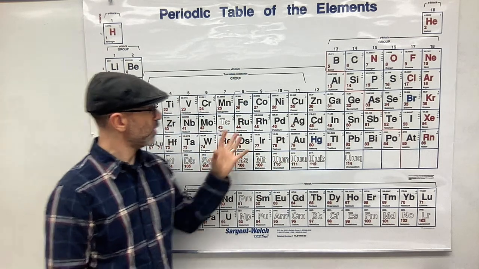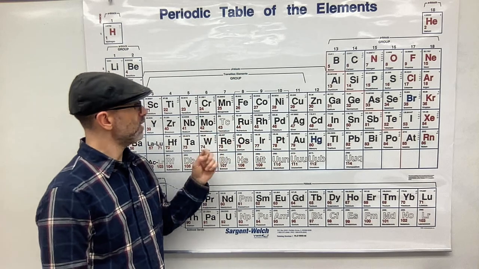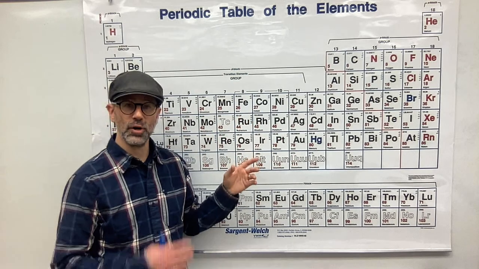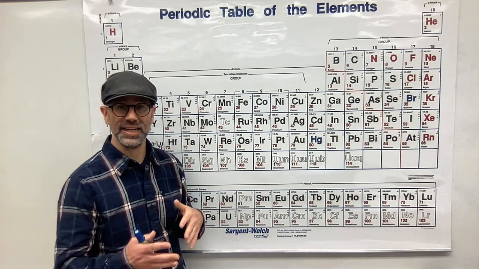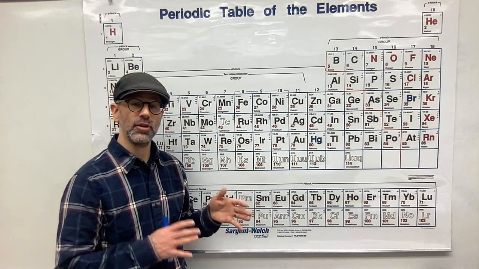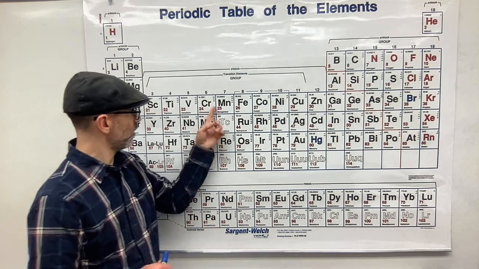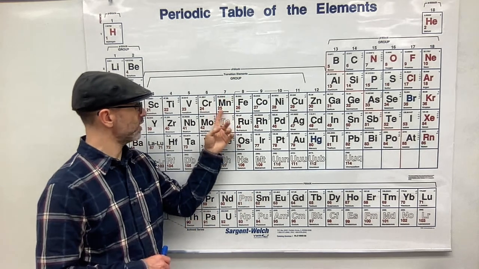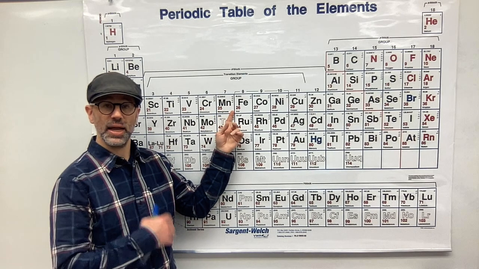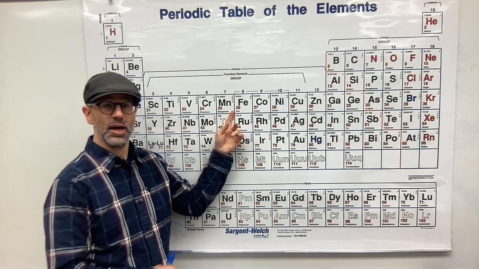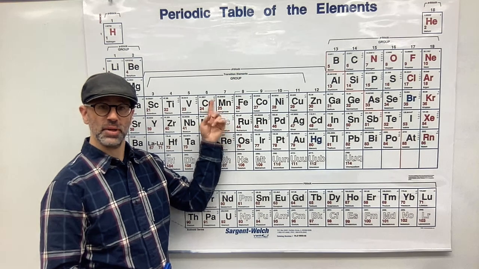The other thing I want to point out with regard to the naming or the symbols is usually the symbols will be the first letter of the name, or it's going to be the first and second letter of the name. Sometimes it's going to be the first and third letter of the name, right? So, for example, here we have manganese, Mn. Manganese starts with an M and an A, but it's not big M small a, it's just big M small n.